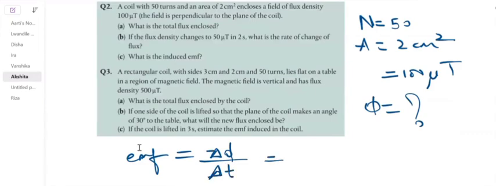Fine. So it will be how much? Del phi over del t. What is del phi over del t? Del phi over del t is N into A into B. Correct? Okay, so we will find that.